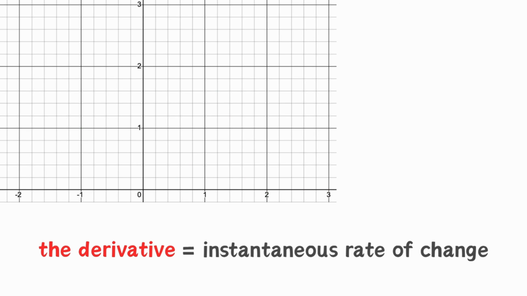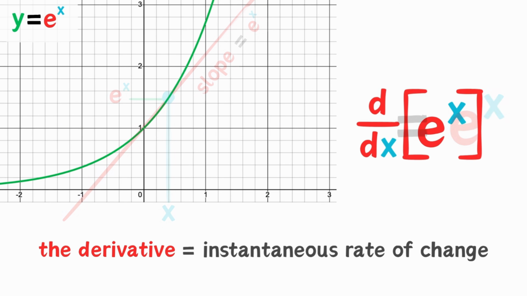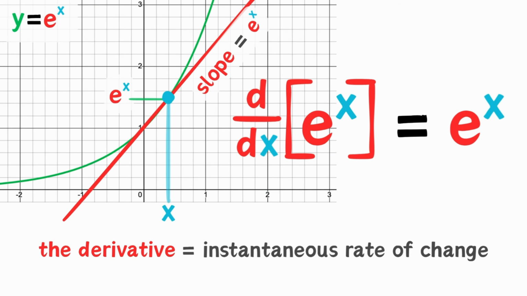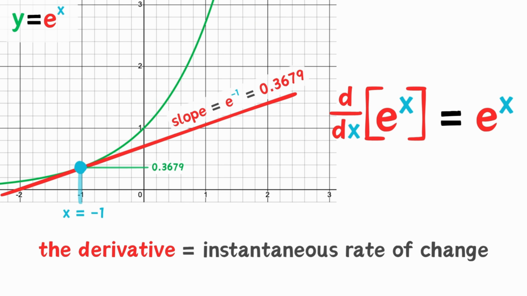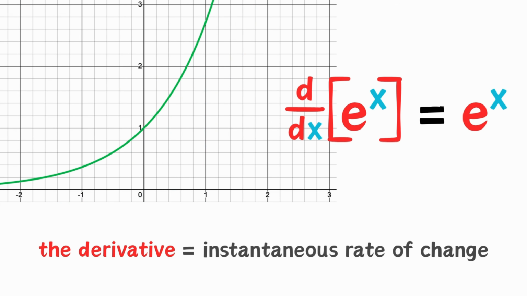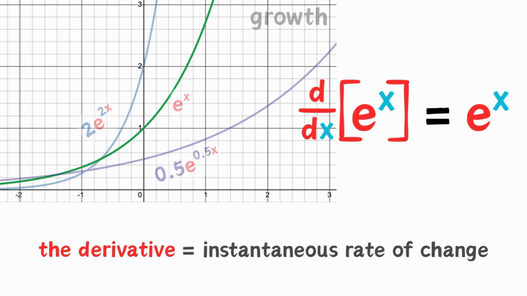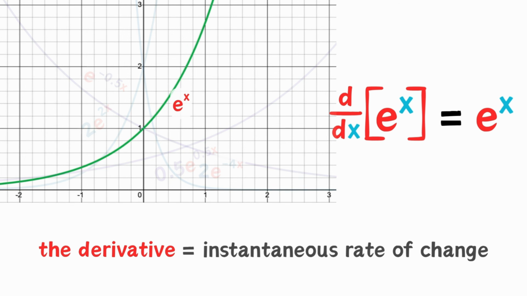And amazingly, if we raise a number as a power of e, the derivative, or the slope at that point, is the exact same as the function value e to the x. This means no matter where you pick on the curve, the slope equals the function value. It's the only exponential function out there with such a property, making it the bedrock for defining exponential growth and decay. Euler's number is a big deal.